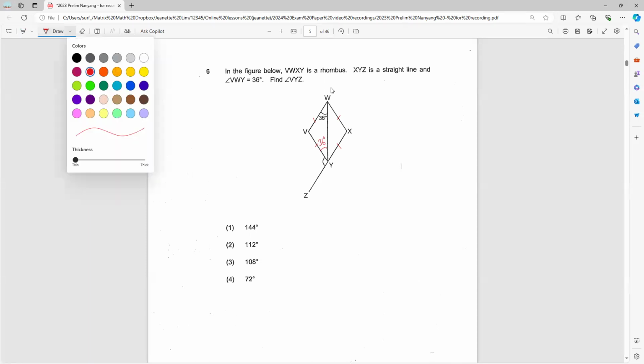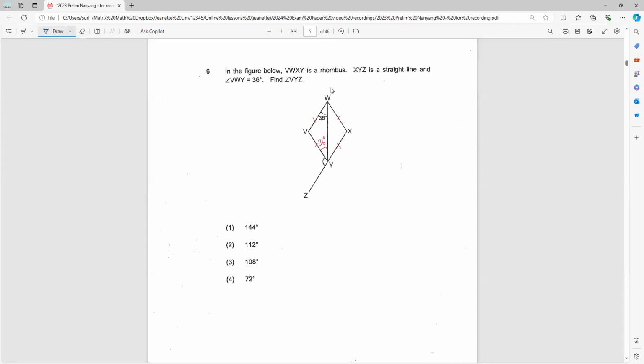Then for parallel lines here, can you see a Z over here? You have your alternate angles. So parallel lines, then a line cutting through. Okay, that's a Z. And this must also be 36.